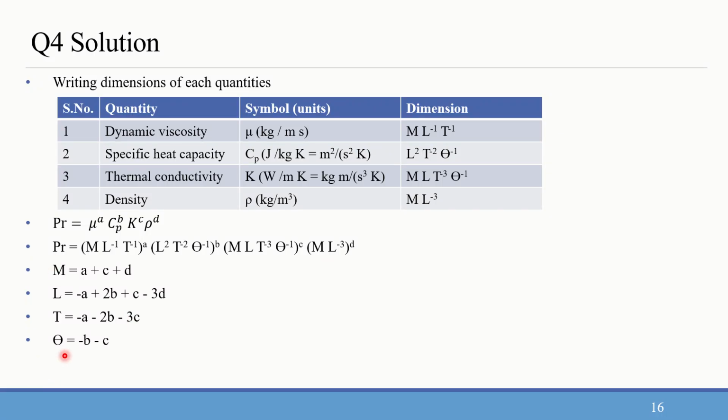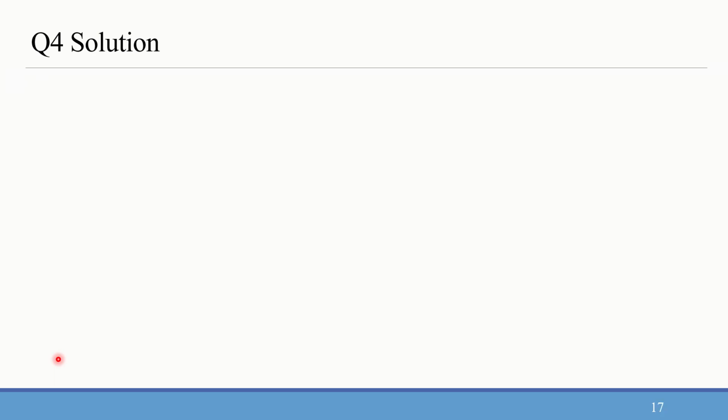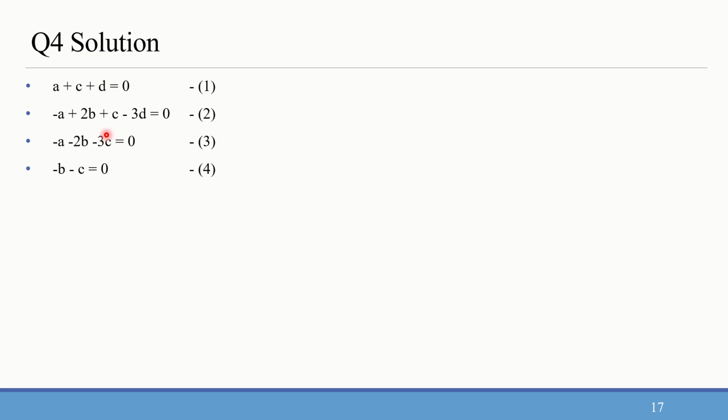Since the Prandtl number, that is Pr, is a dimensionless number, the dimensions for all of them are 0. So we are putting 0 in all, and we get: a plus c plus d is equal to 0; minus a plus 2b plus c minus 3d is equal to 0; equation 3 is minus a minus 2b minus 3c equal to 0; and last is minus b minus c is equal to 0.